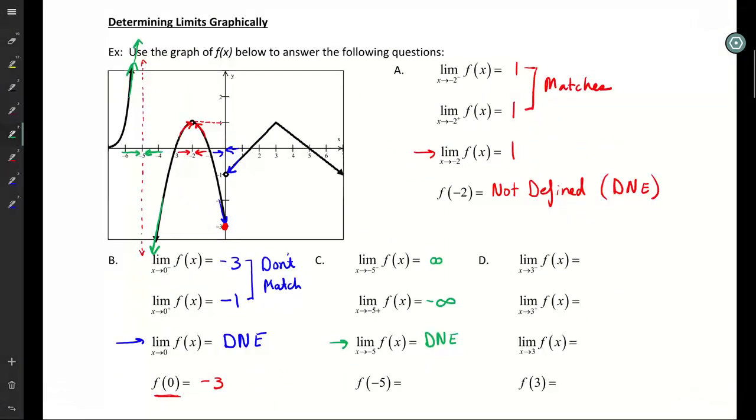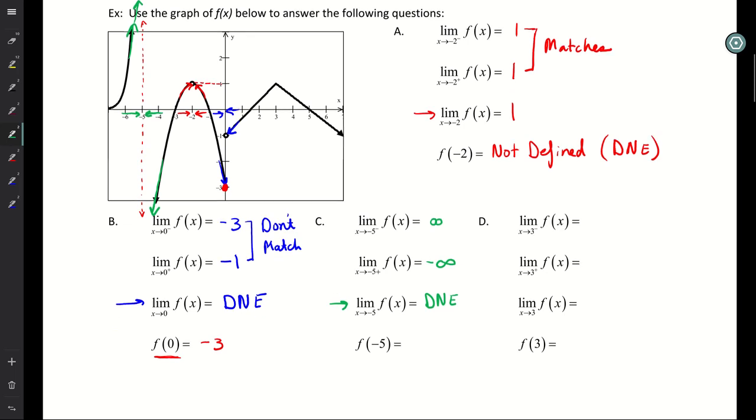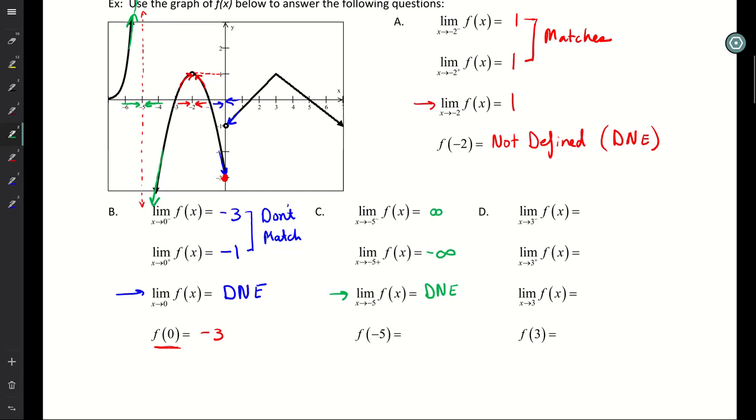Obviously, an infinity is not a real value, so it's indicating that my function's growing or shrinking without bound, but an infinity also means that the limit is non-existent because it's not approaching a real number value. I'll show you that in a little bit with part D, and we'll see another example later on that will hopefully help you with infinities.